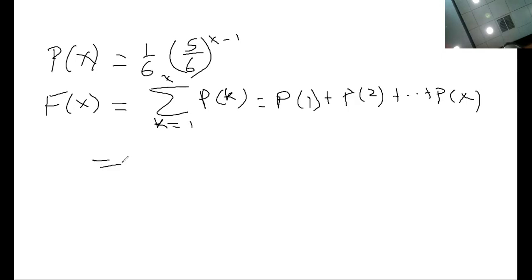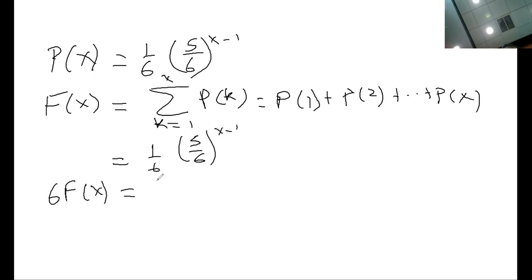To ease this computation, I multiply F of x by 6. So actually we had that this was 1/6, 5/6, x minus 1. So 6 F of x is equal to the sum of 5/6 raised to power x minus 1.